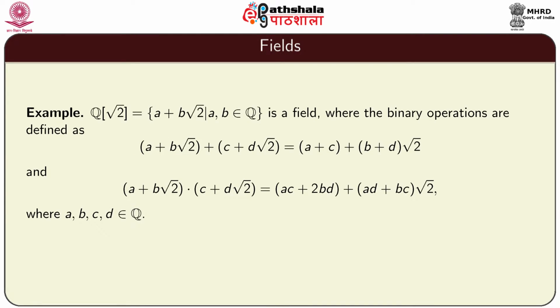Then it is not a very difficult task to prove that this is a field with respect to these two binary operations. That means Q adjoin root 2 with respect to plus is an abelian group, Q adjoin root 2 minus 0 with respect to dot is also an abelian group, and the distributive property connecting plus and dot holds.